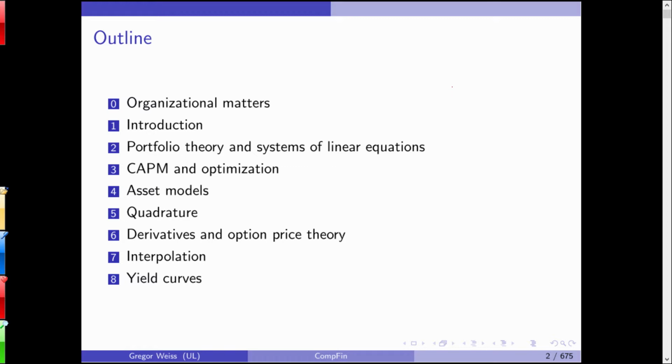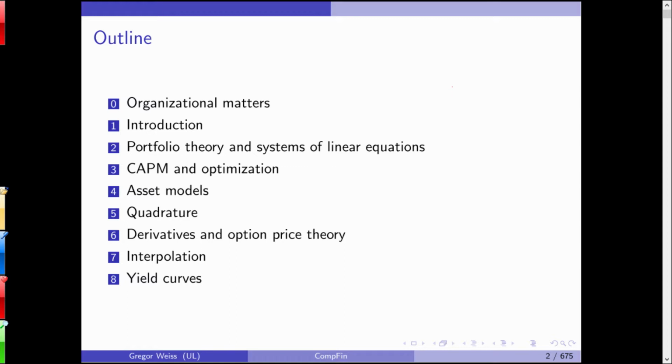We'll talk about asset models, which I guess is a very obscure word for you now, but especially if you are majoring in mathematics or economathematics, you will see that asset models are just a few examples of stochastic processes. So we'll see a little bit of stochastic calculus here and talk about asset models, stochastic processes and stochastic models that can be used to model the time evolution of asset prices.